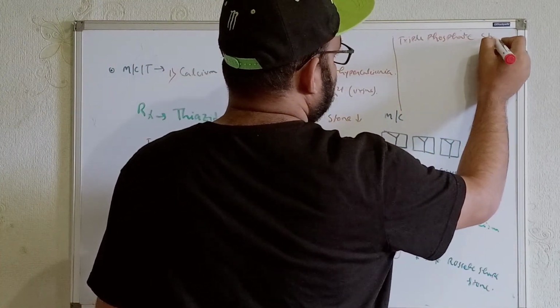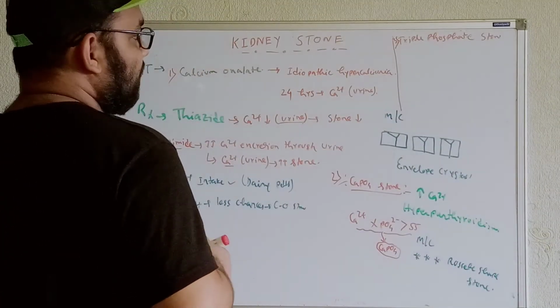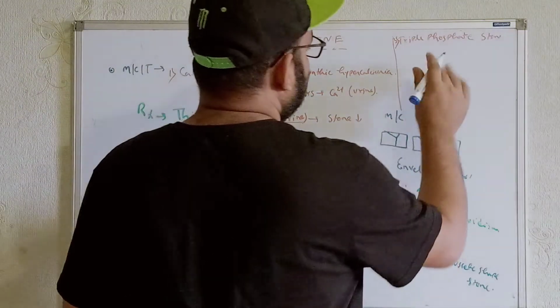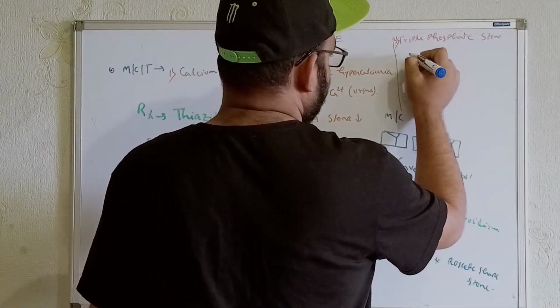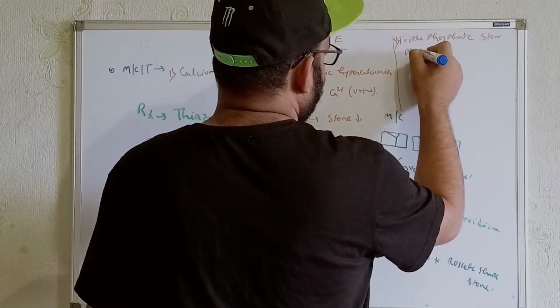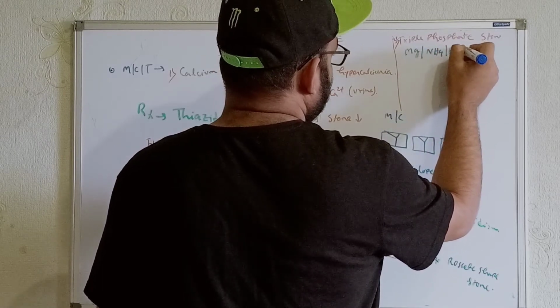Triple phosphate stone, the third type, we write here. In these cases, basically we get three compounds or ions: magnesium, ammonium, and phosphate.